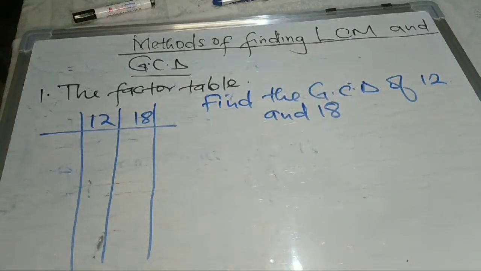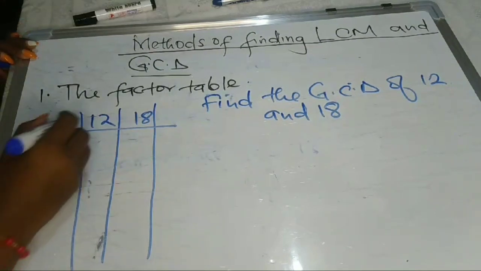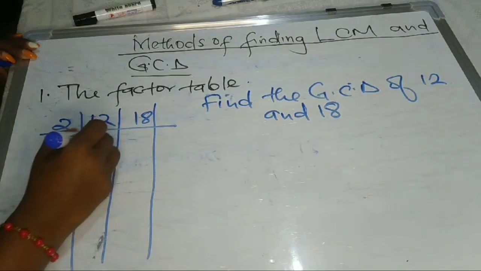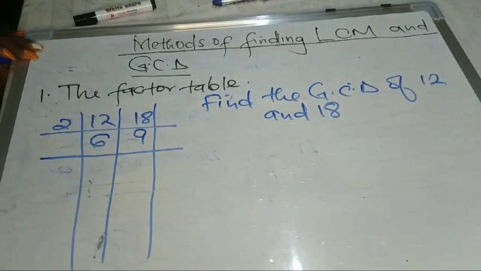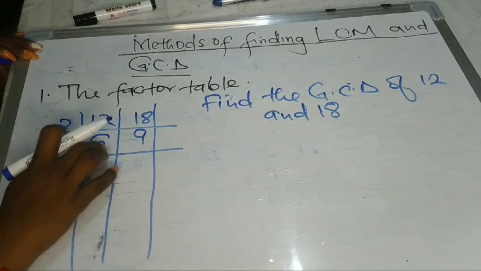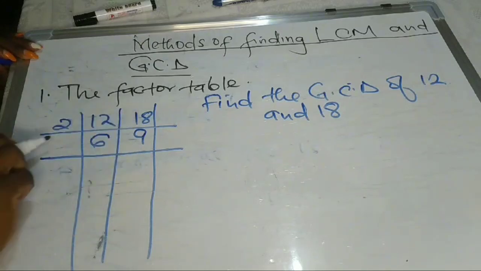So we are going to look for prime factors that divide both numbers. For example, 2 can divide both 12 and 18. So we place 2 here, so that when it divides 12 and 18, we have 6 and 9. Next, we look for another prime factor which can divide both 6 and 9. 2 can divide 6, but it cannot divide 9, so we cannot pick 2 for GCD.